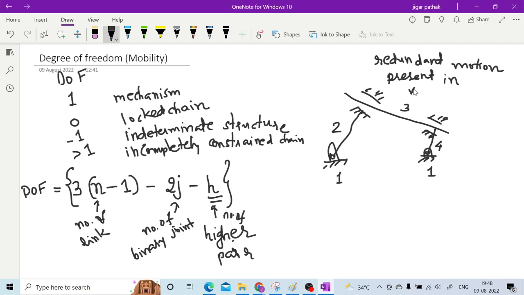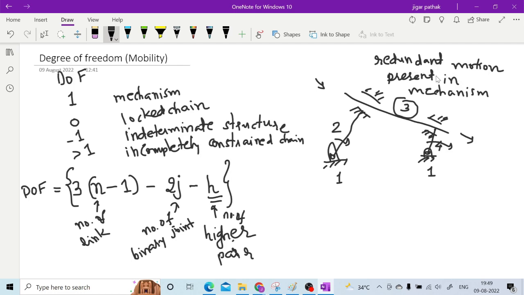Now what do we mean by redundant motion present in a mechanism? It means this link 3 can have motion without the input link's motion or output link's motion, because somebody can simply give translatory motion in this direction without affecting link 2, link 4 or other elements of this mechanism. When this kind of motion is present in your mechanism, it is termed redundant motion.